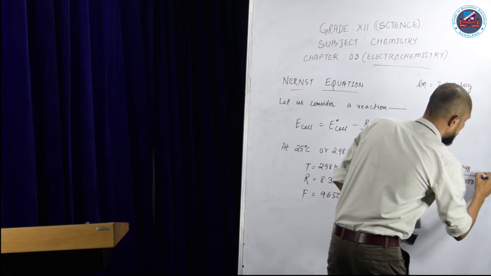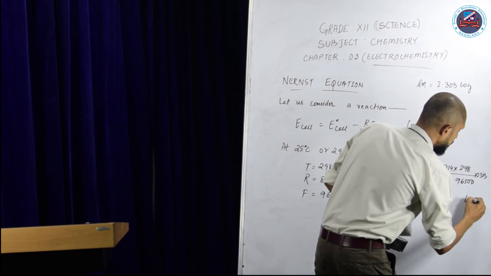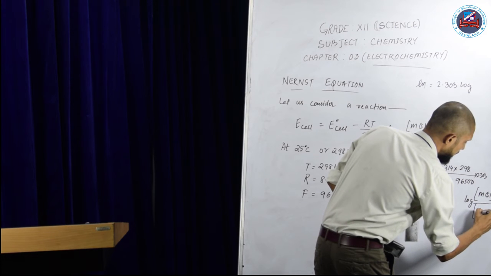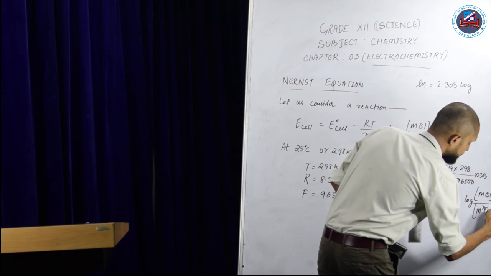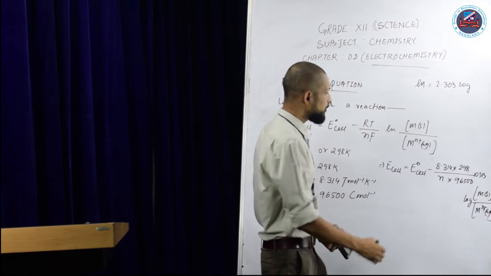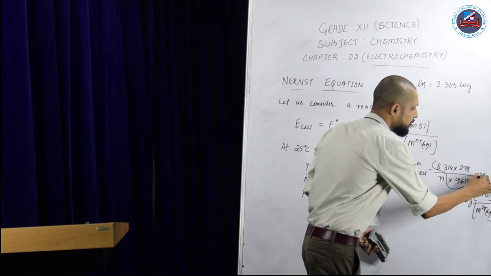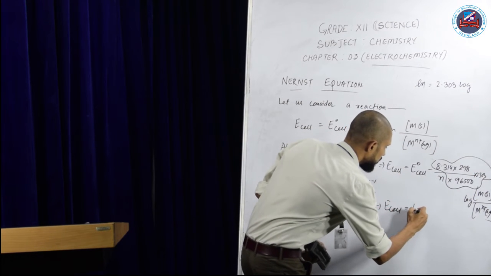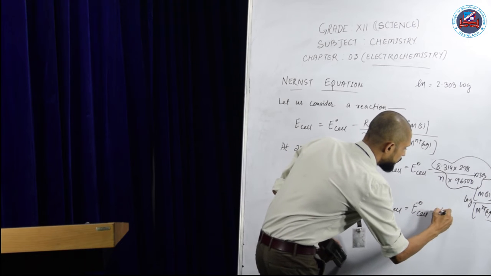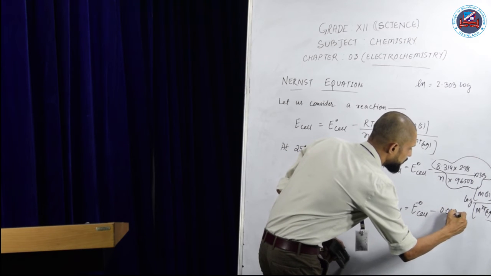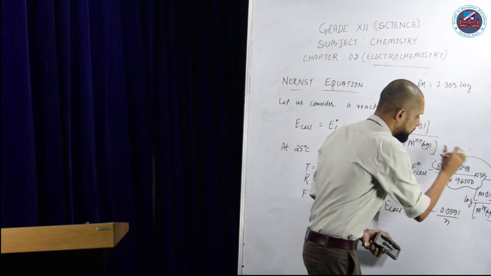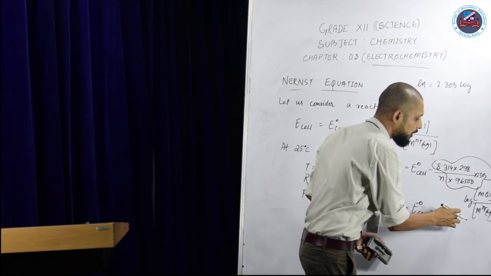So we can write here 2.303 log of M_s by M^n+ aqueous. Now if you simplify this, you'll get a value of 0.0591 by n. So if you simplify this part, you'll get 0.0591.